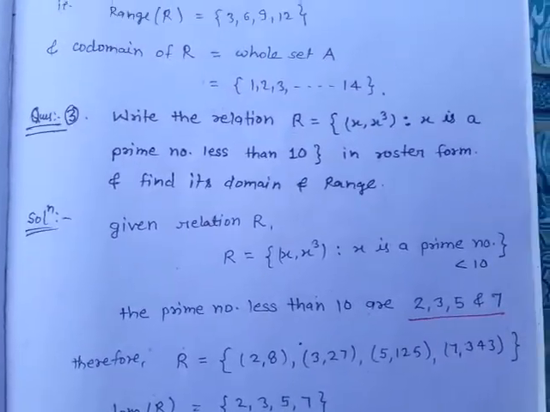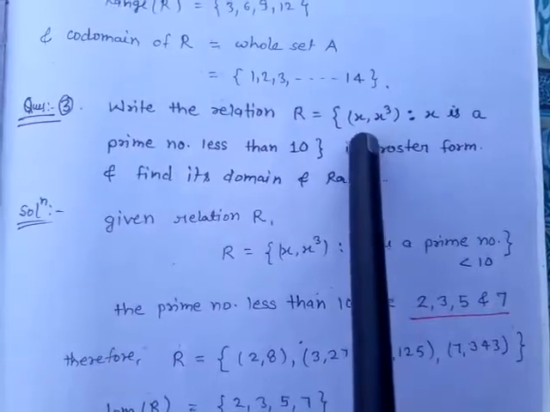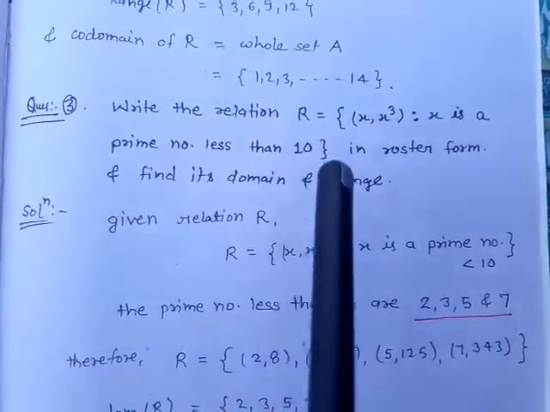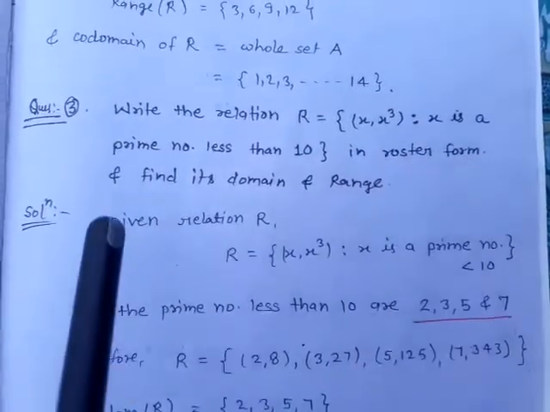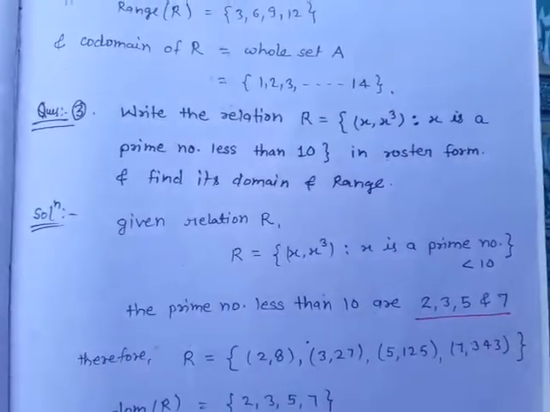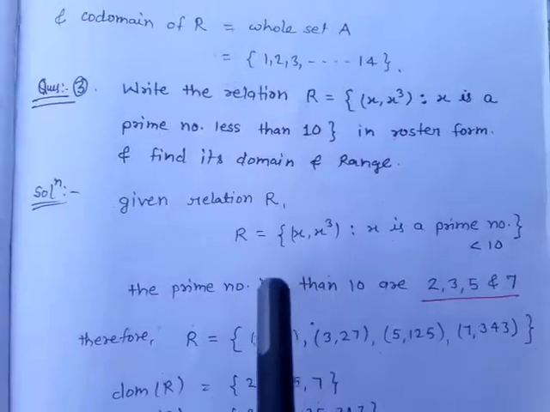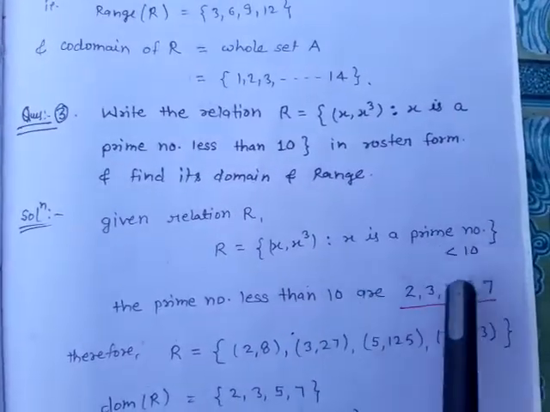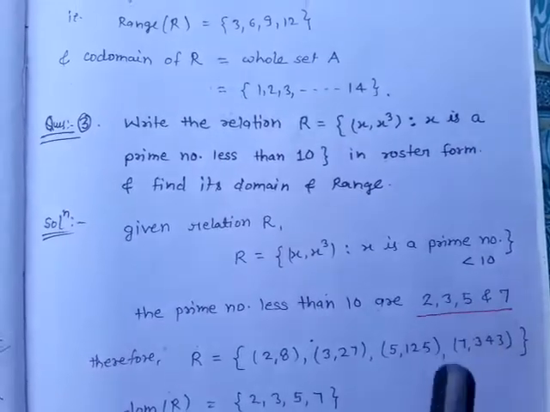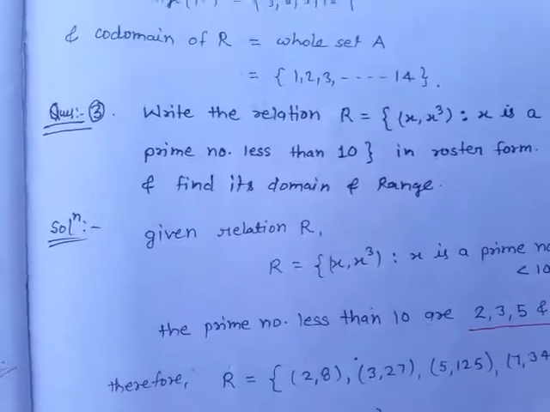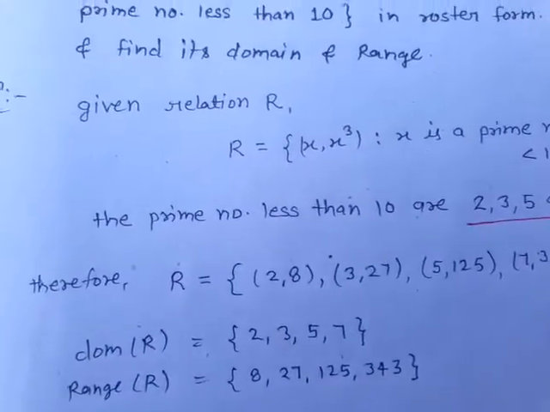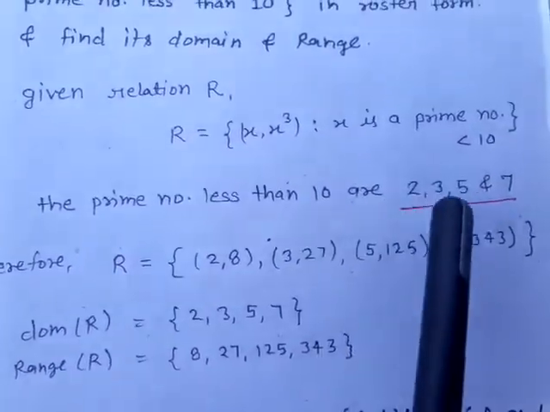Write the relation R equal to (x, x cube) such that x is a prime number less than 10 in roster form, and find its domain and range. First we find the prime numbers less than 10: they are 2, 3, 5, 7.